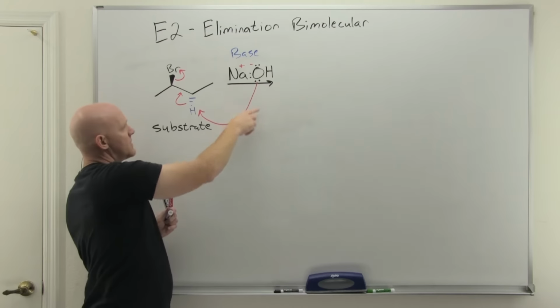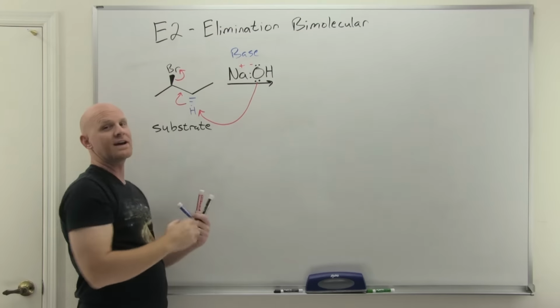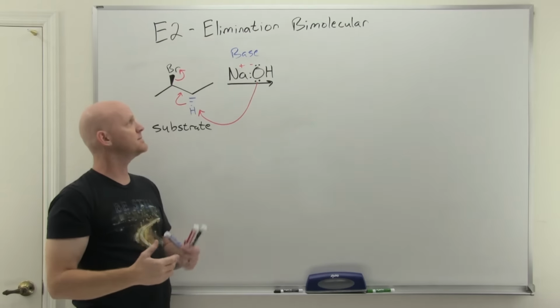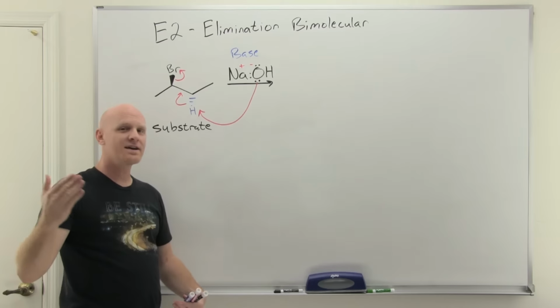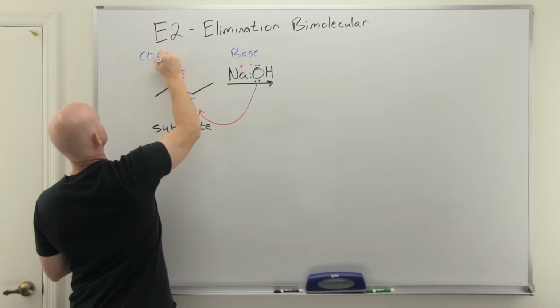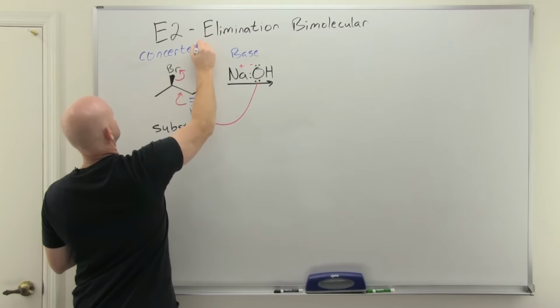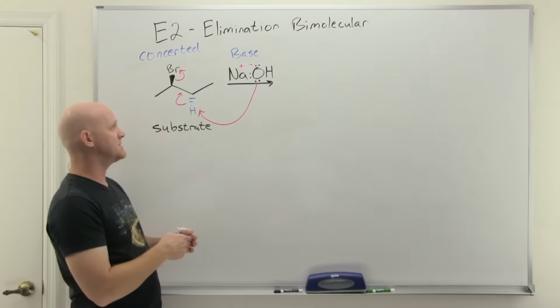So we are doing a proton transfer here, deprotonating. We are forming a pi bond, and we have the leaving group leaving. And these all happen simultaneously. Happening simultaneously, just like in SN2, we call this a concerted mechanism. Cool, so it all happens in a single step, just like SN2 typically happens in a single step.